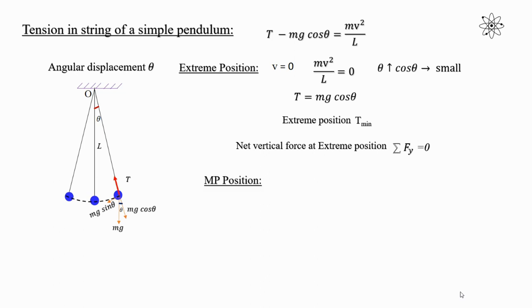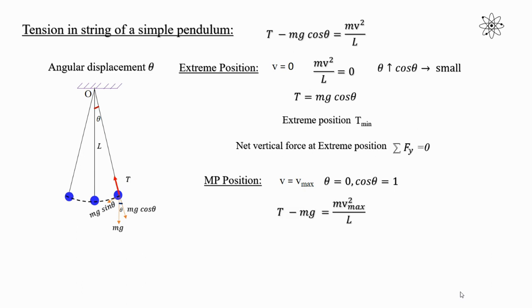Now let's discuss what happened to the equation T minus mg cos theta is equal to mv square upon L at mean position. At mean position, speed has the maximum value and theta is equal to 0, cos theta is equal to 1.